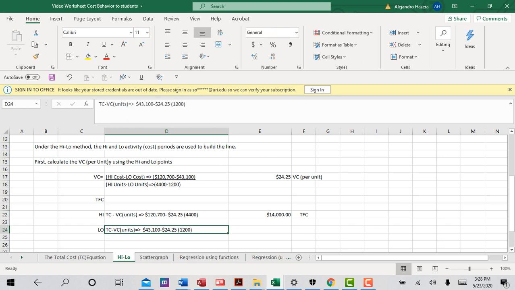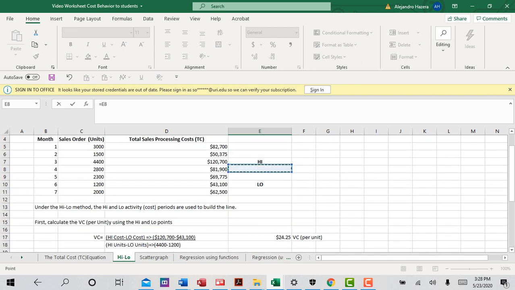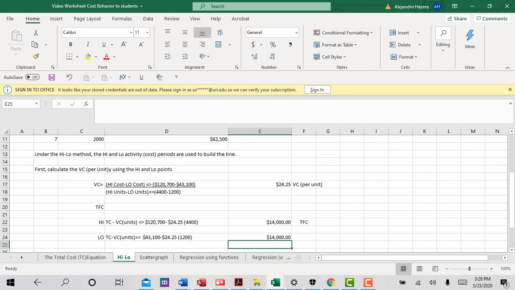Okay, so I'm going to go ahead and do the equation over here. If you take total low costs and subtract the product of the number of low units produced times your variable cost per unit, that's 14,000 also. So you can get your total fixed costs either way.